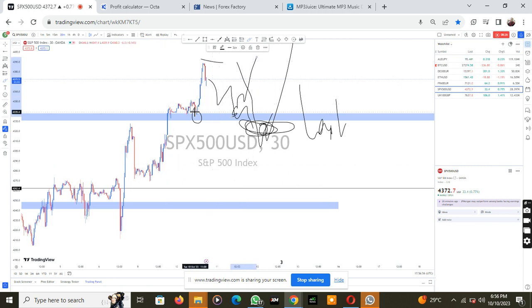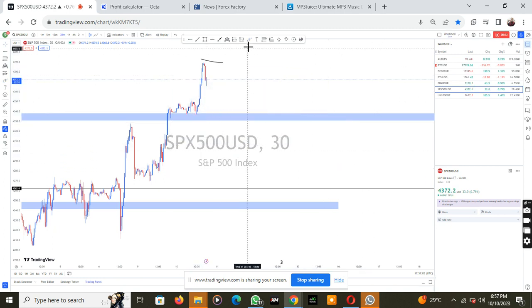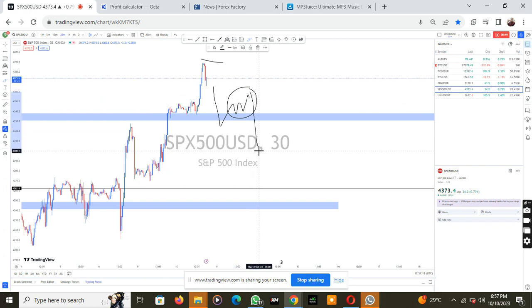But once they tag out this low, give me 1 minute. Once they tag out this low and go for buys and the orders are still invalid, you notice something like this because they have already kicked out of the market. That's why you'll be noticing something like this, and then they will have to sell again, tagging out another low.